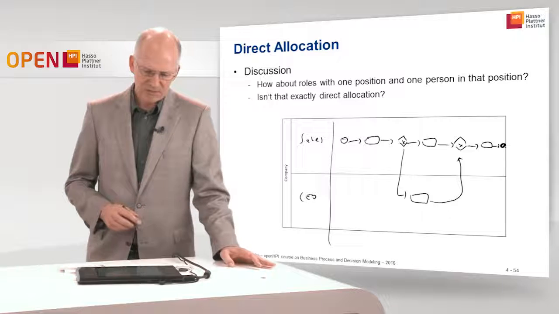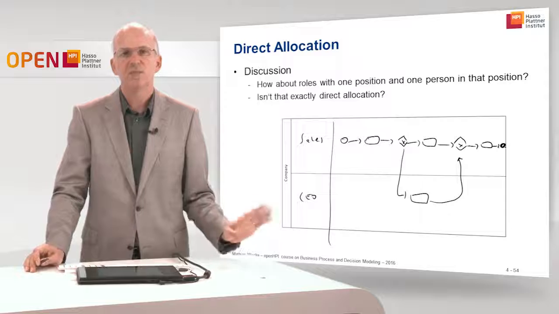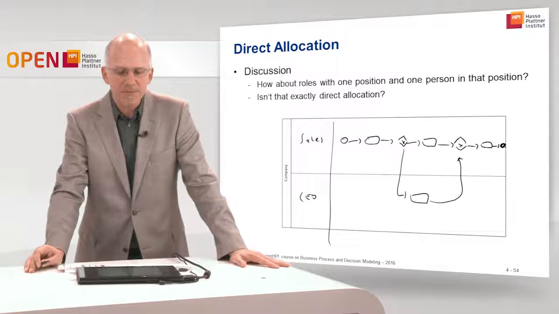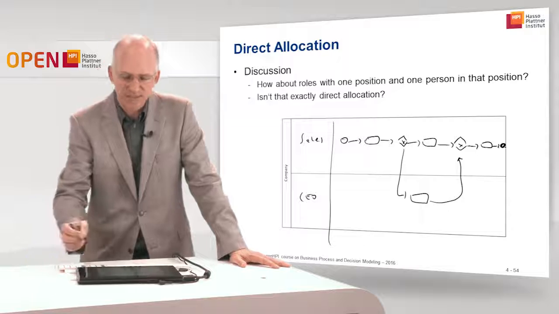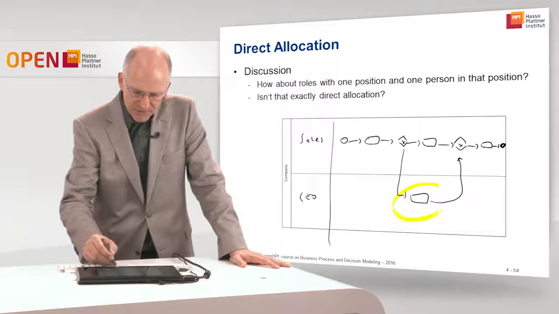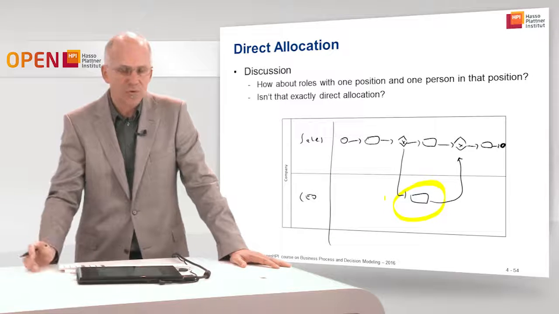All right, so what's the difference to the previous case? Assume we have only exactly one CEO of the company. Isn't that the same as we've seen before? Well, in one sense, yes, because once we need to conduct this activity, there can only be one person who is able to perform it.